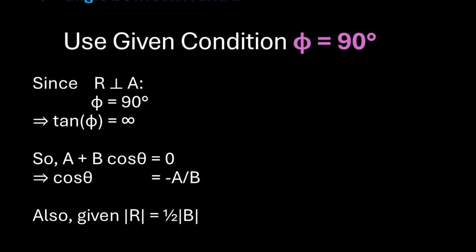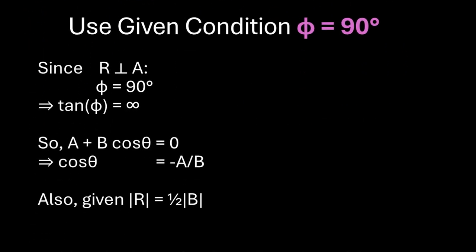Now, given in the question that R is perpendicular to A, phi is equal to 90, which is the angle between the resultant and vector A. If that angle is equal to 90 degrees, then R is perpendicular to A. Therefore, phi is 90, and therefore tan phi should be equal to infinity.